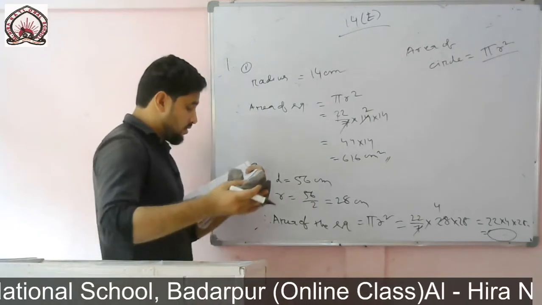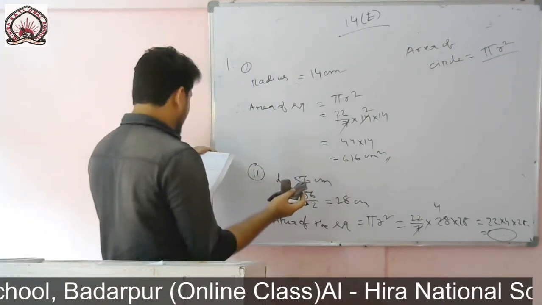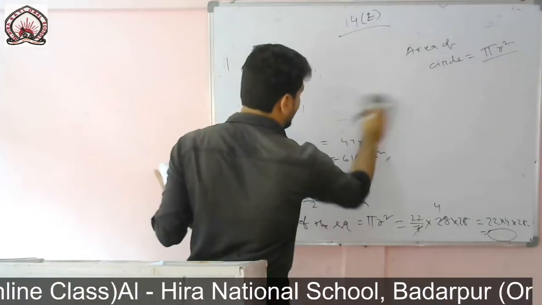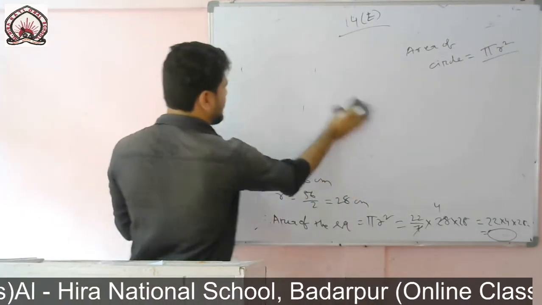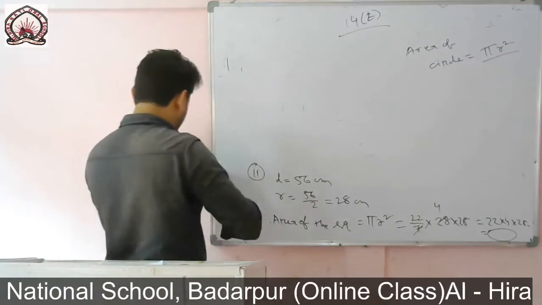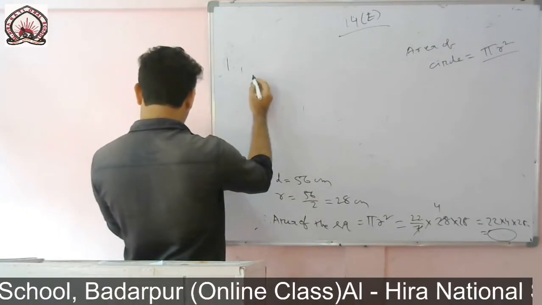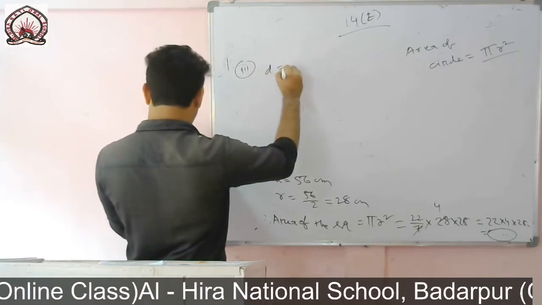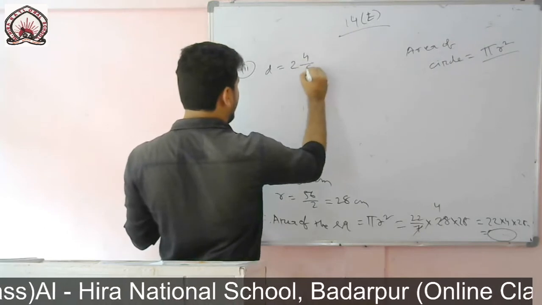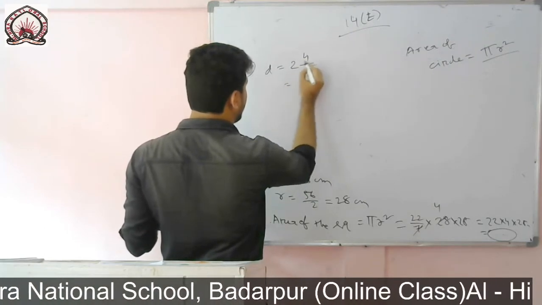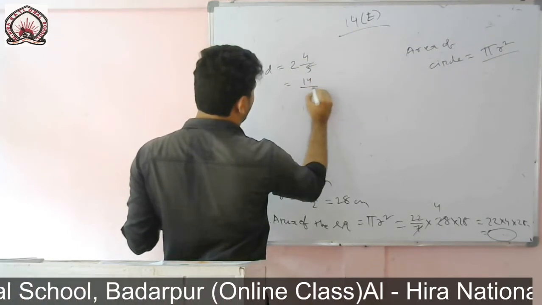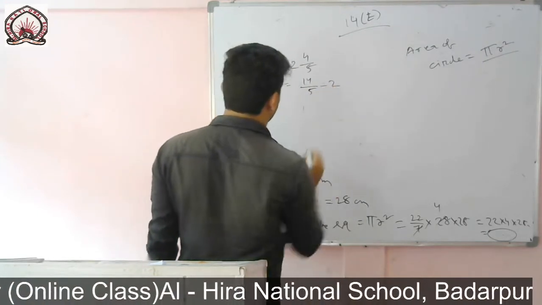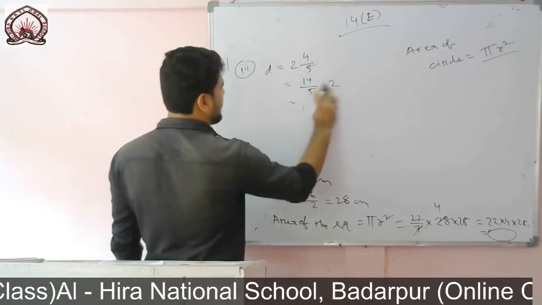Number 3 is also the same. It is in the mixed fraction, so you just convert it. You can do it at your home. In 3, diameter equals 2 4/5, so 14 by 5. Now divide this by 2 because we have to find the radius.